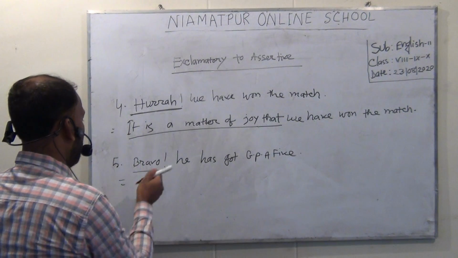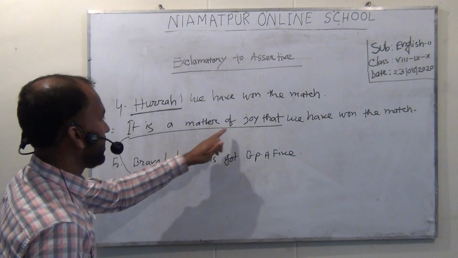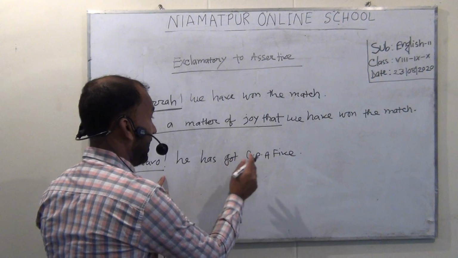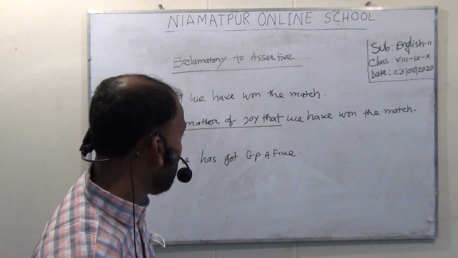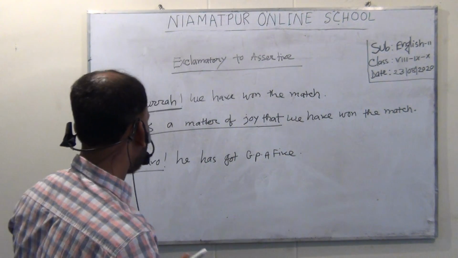So we can also use it's a matter of joy that he has got or gotten GPA 5.